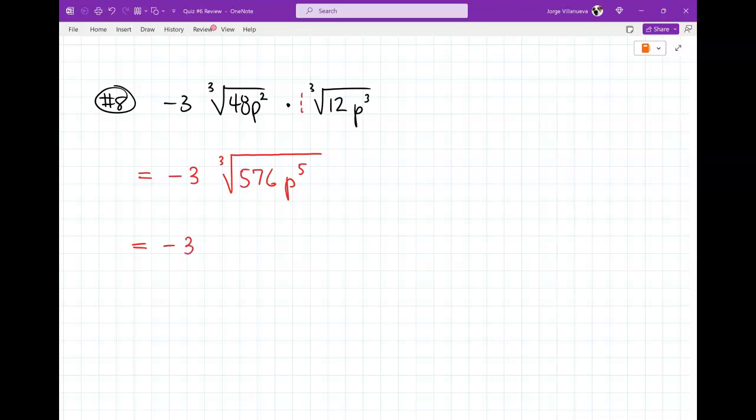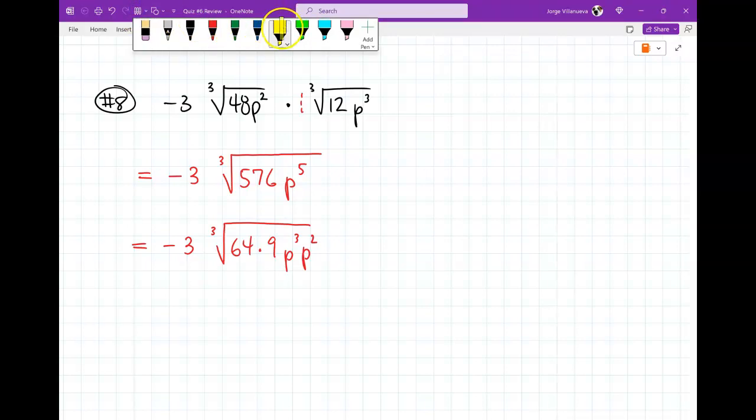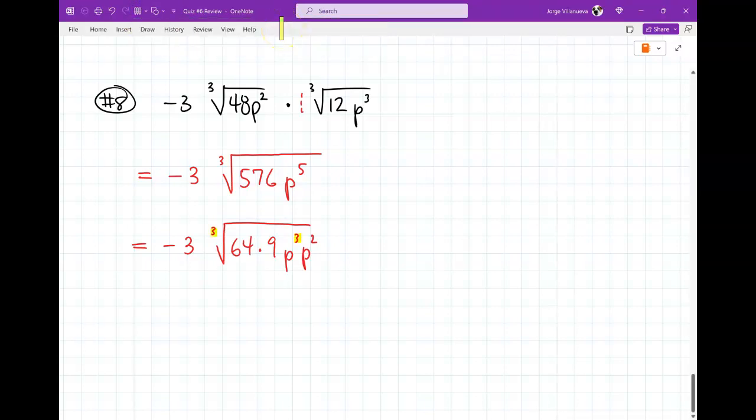So negative 3 cube root of 64 times 9. And then since the index is a 3, I'm going to write this p cubed p squared. Okay, I made sure my index matches my power, so that p is going out.